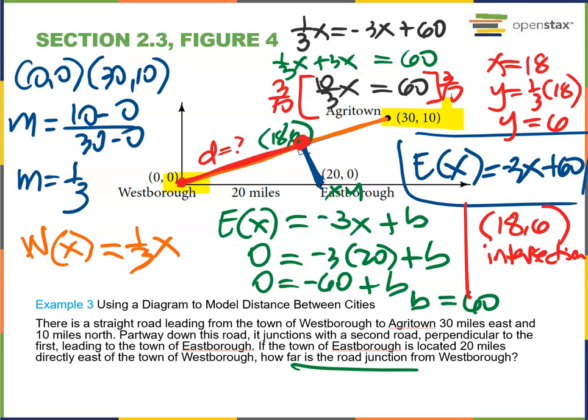Okay, the distance formula, if you remember, is the square root of x2 minus x1 squared plus y2 minus y1 squared.